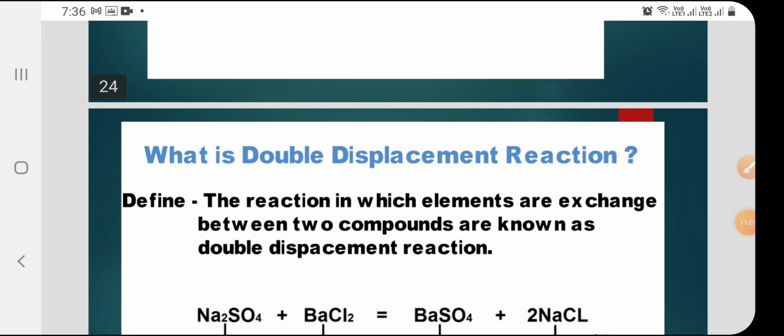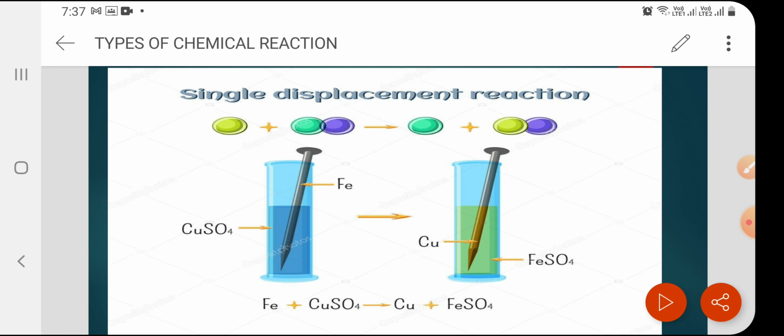After that you will write the displacement reaction with the proper definition and at least two examples in your classwork copy, and then you will submit your classwork copy PDF to me on my personal number. Very soon I'm going to make a copy submission group, so all of you will submit the copies in this group only.